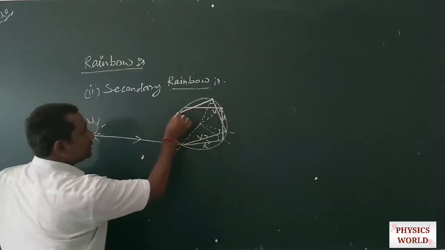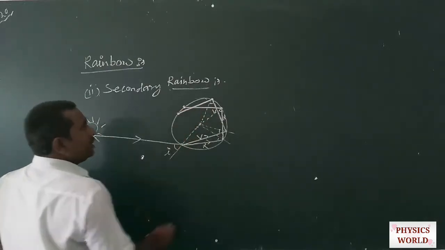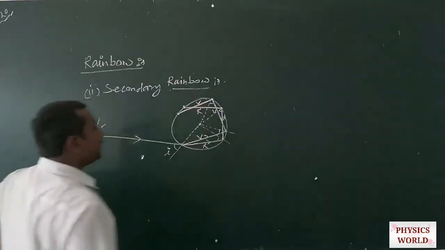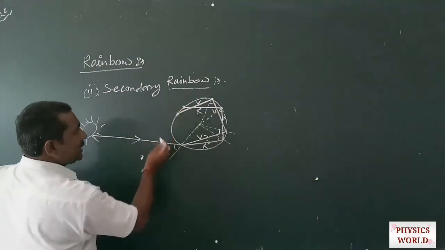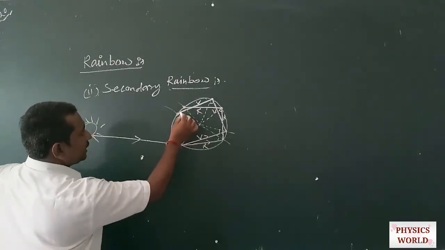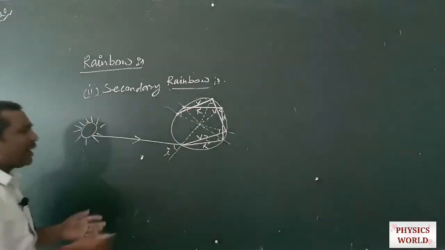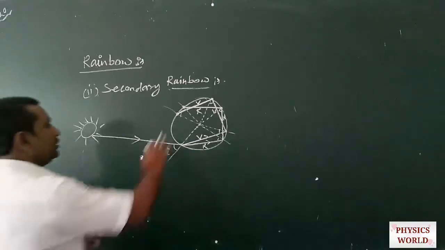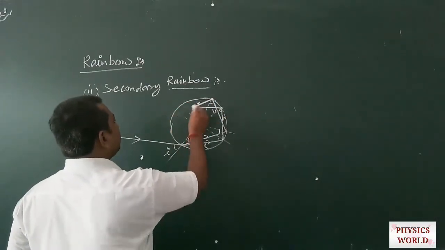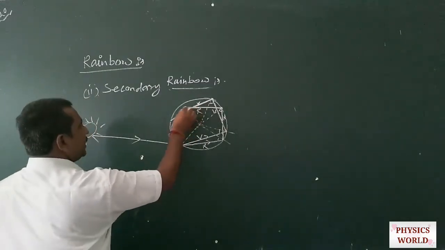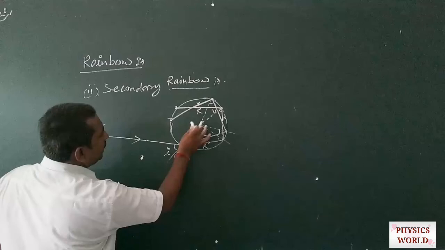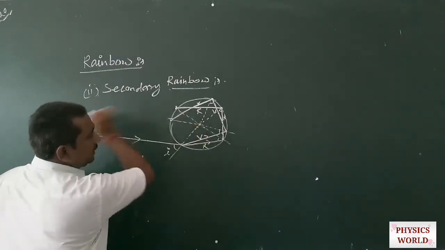So suppose these points are for red color and this one is for violet color. After reflection, they reach these points, and if we draw the normals for this point, suppose the angle of incidence is smaller than the critical angle. So what will happen?